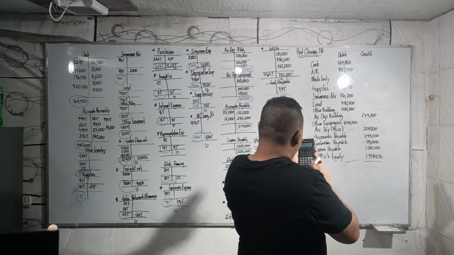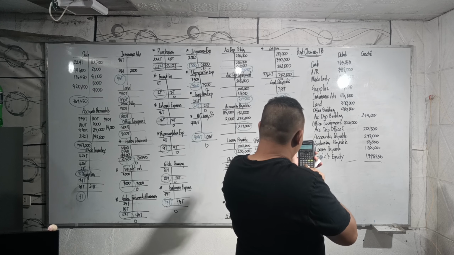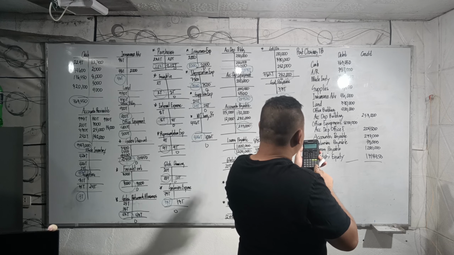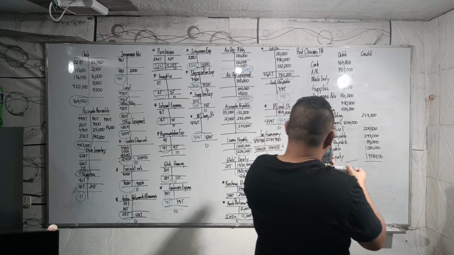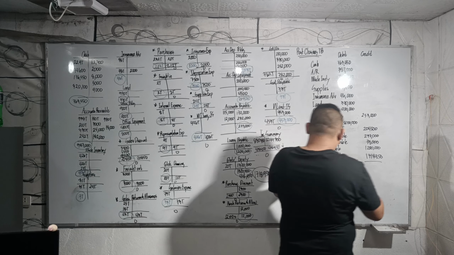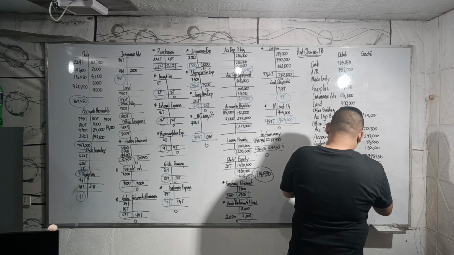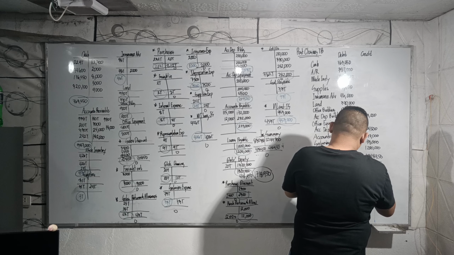763,450 plus 387,000 plus 453,000 plus 7,000 plus 46,000 plus 370,000 plus 900,000 plus 800,000, we have 3,726,450.